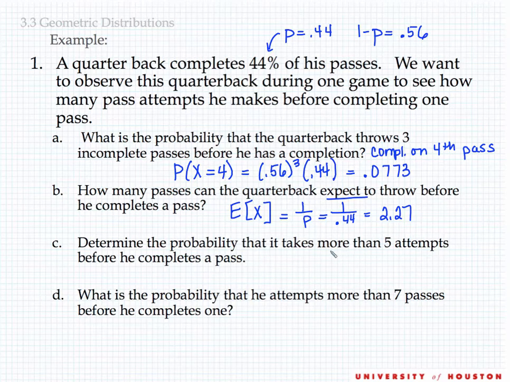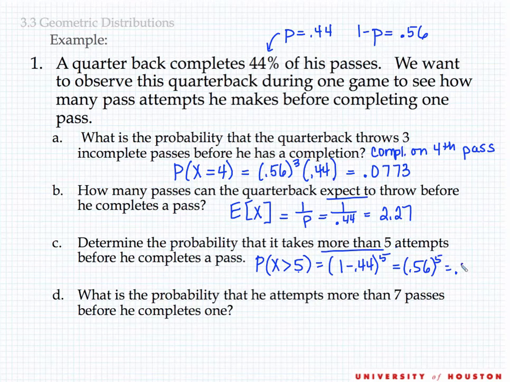Determine the probability that it takes more than 5 attempts. More than is strictly greater than. And our formula for this was our 1 minus p, or 0.56, to the 5th, to our value right there.